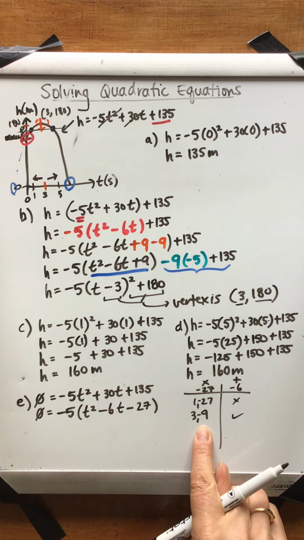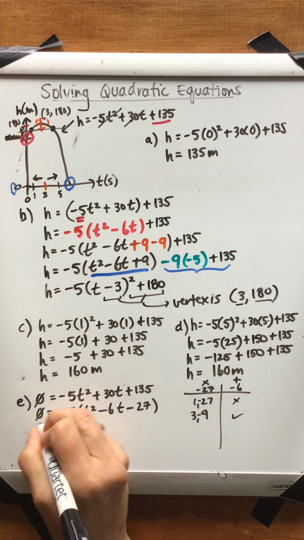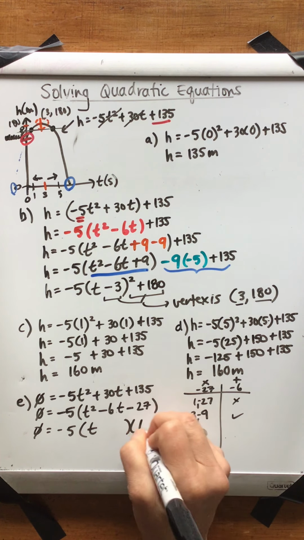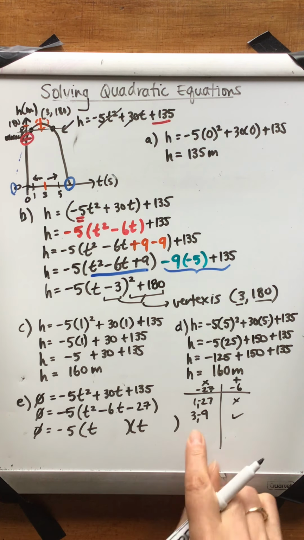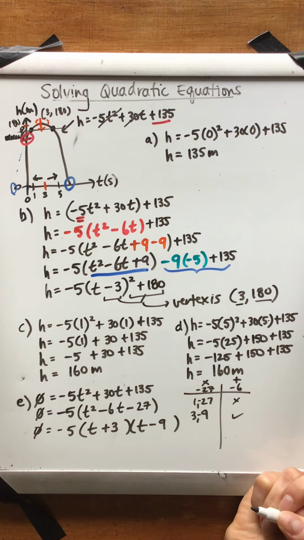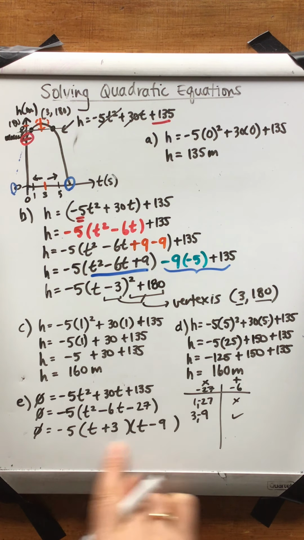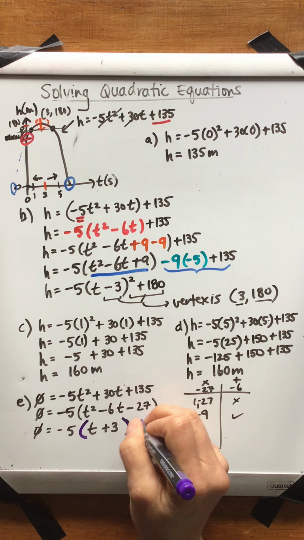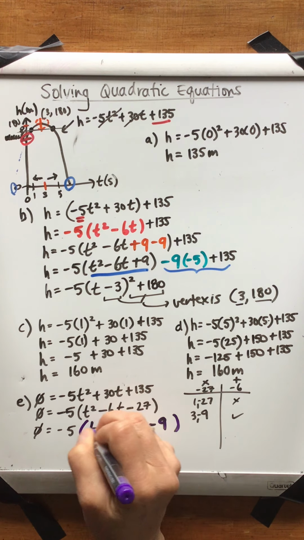There's your two factors. So because this is a 1 in front of the t squared, I can go straight to the answer. The only way to get t squared is to have each of these be a t times t. I can put plus 3 in one of them and negative 9 in the other. So what are the roots? Well, maybe you can do it by inspection because you recognize in factored form that what you see is opposite to what you get.